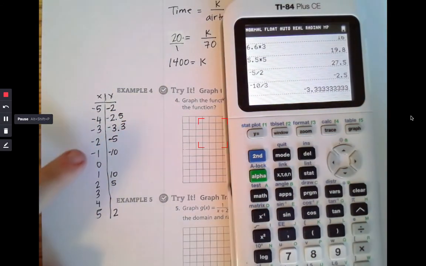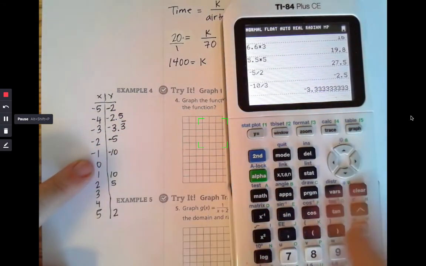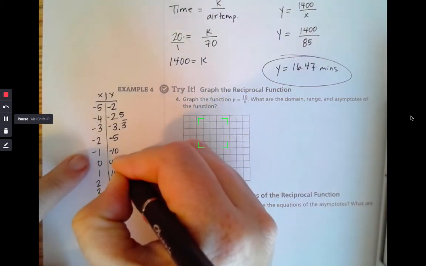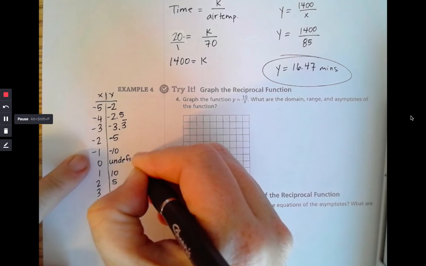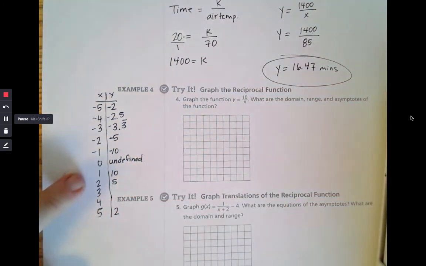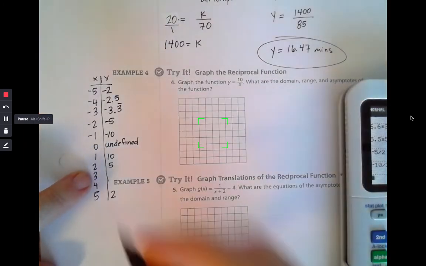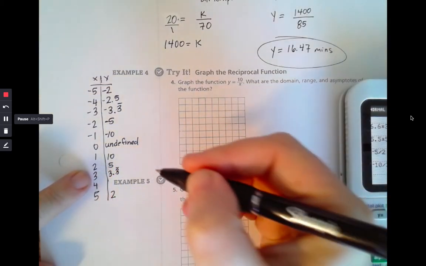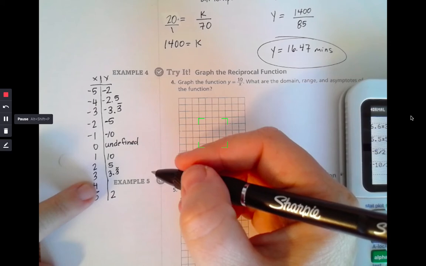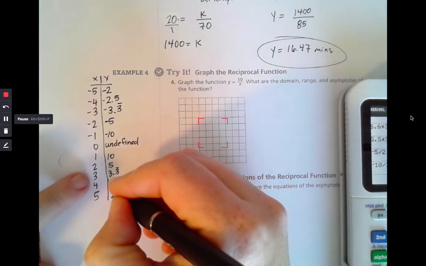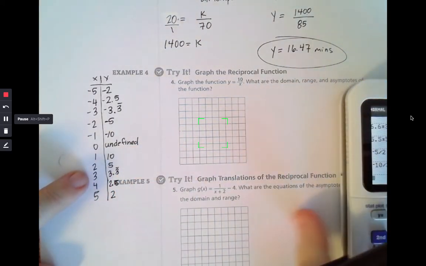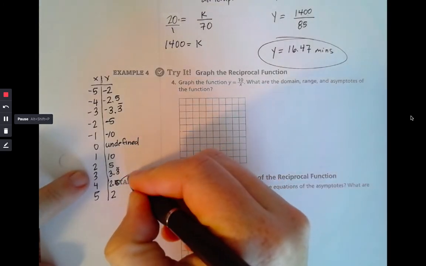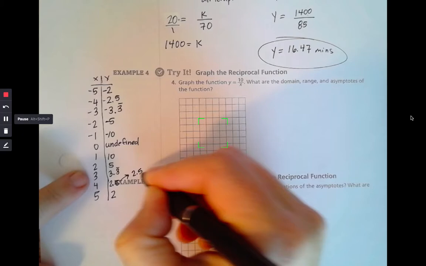At 0, I think it gives an error message, which means it is undefined at 0. Then at +3, it's a positive 10 over 3, which is positive 3.3 repeating. And +4 is 5 over 2, which is 2.5.